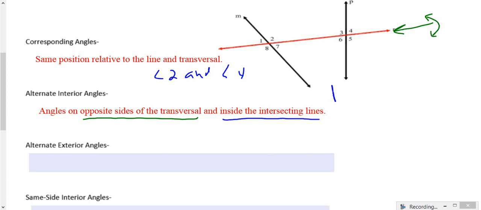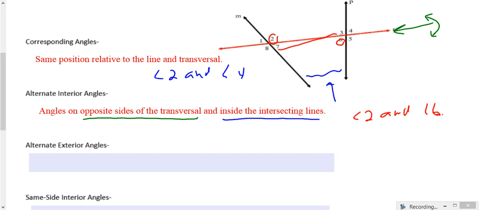So that means they are in here somewhere. So a pair would be considered opposite and inside. So angle 2 is inside, but opposite sides of the transversal would make that 6. And we could also say 7 and 3.